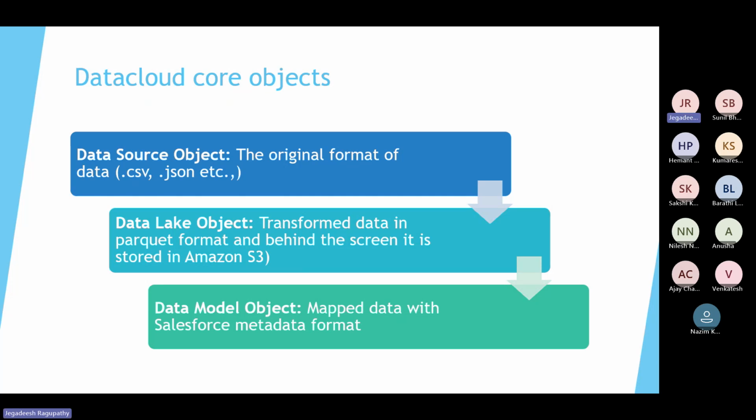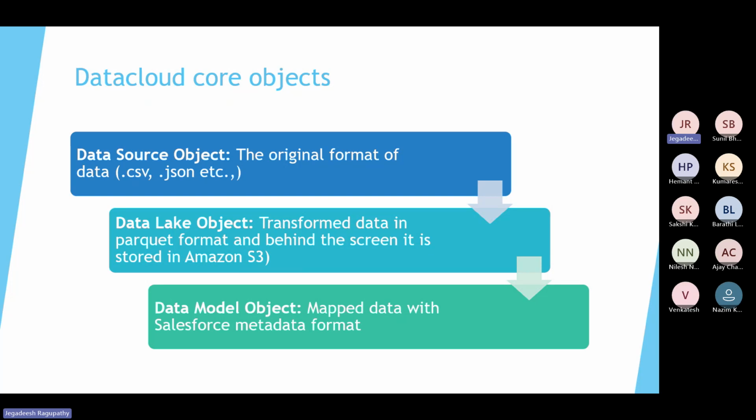So we need to bring data in from other sources like Amazon S3 or through MuleSoft connectors, so that the original format of data will be stored in JSON or CSV files in the data source object.